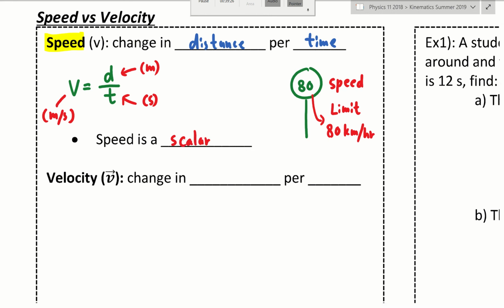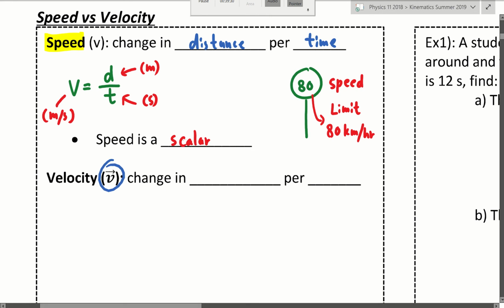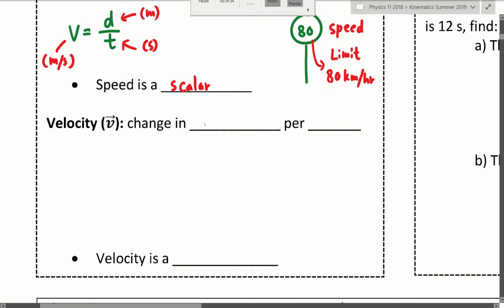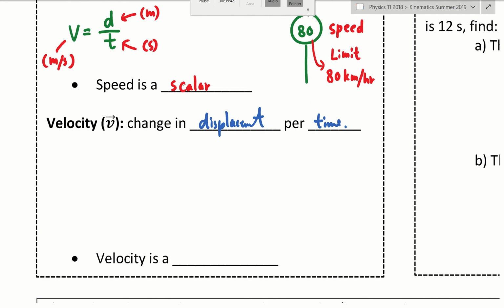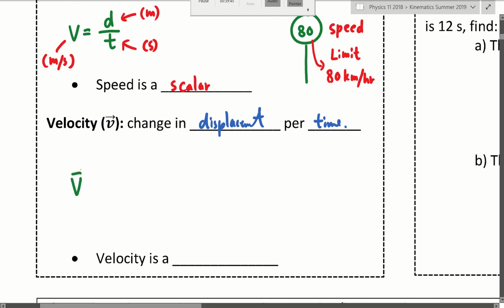Now, on the other hand, velocity, which is the v symbol with a little arrowhead on top, is the change in your displacement per unit time. So therefore, the equation for that is your displacement over time.